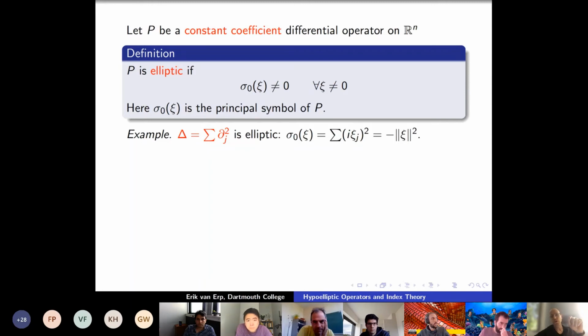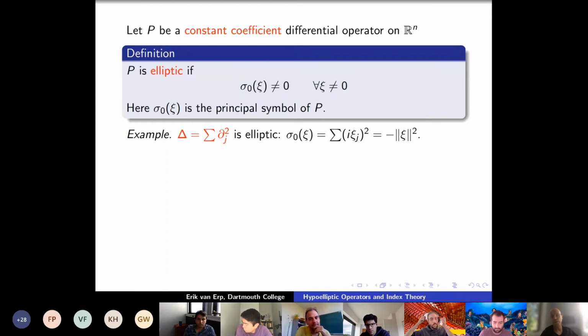So if the symbol is not 0, say, for all values of Xi where the length of Xi is equal to 1, so in other words on the unit sphere, then of course it's invertible everywhere except at 0. So that's the first restriction I'm making. I'm only considering Xi of length 1. That's why I can take h bar to be +1 and -1. I don't have to take the other values. It's similar there for similar reasons.